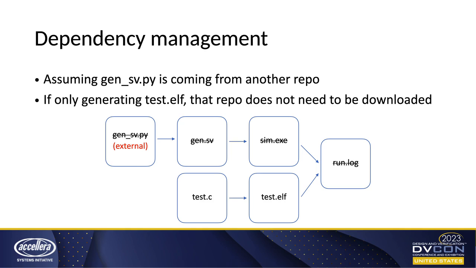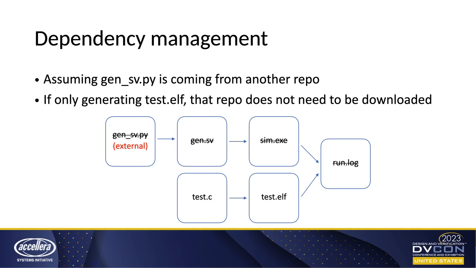That'll work as well. And then Bazel will know where to get gen.sv.py and when it needs to get gen.sv.py. So it knows to generate test.elf, it doesn't need to do that, so it won't do that. This can drastically speed up fresh checkout build times.